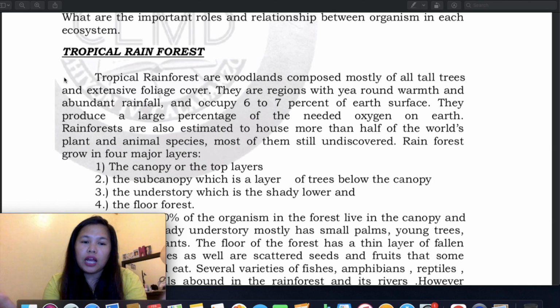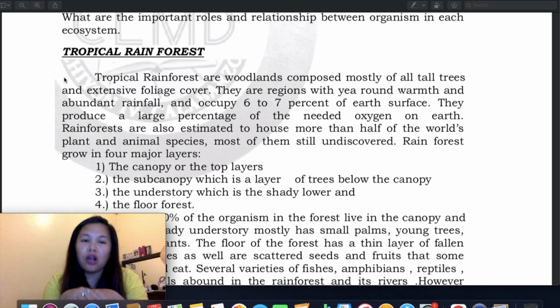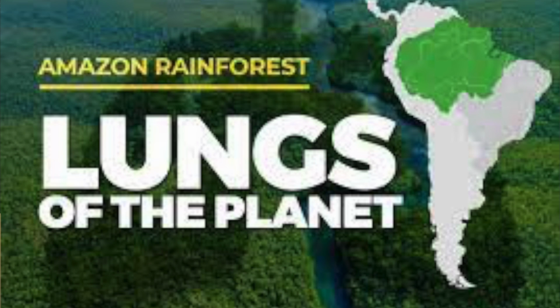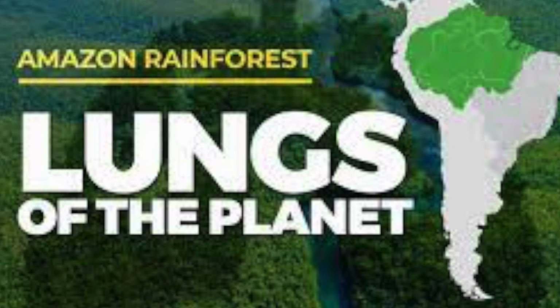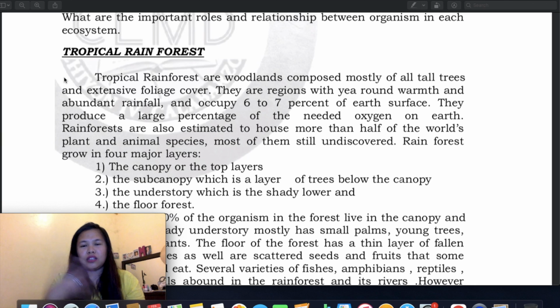Siya nag-absorb, then siya din yung nagproduce ng oxygen. That's why the Amazon rainforest is so called the lung of the earth. Kung ano yung trabaho ng lungs sa tao, sa human, yun din ang trabaho ng rainforest sa ating earth.